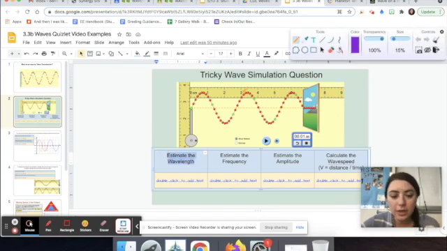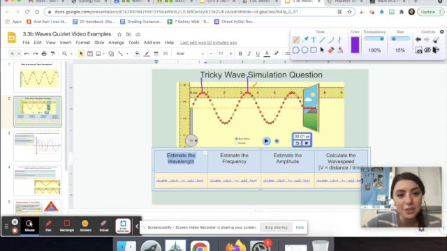To estimate our wavelength, I said it was from one crest to another crest. I'm going to draw a line from the top of one crest to the top of another crest. There's multiple ways to do it, but I'm going to count how many of these dashes on the ruler are between these two lines.